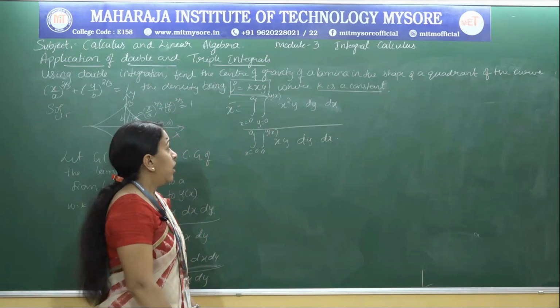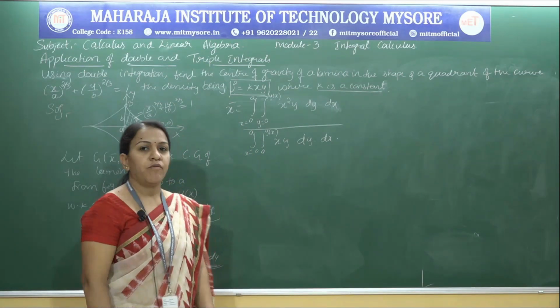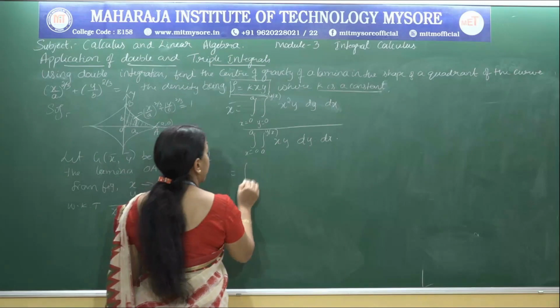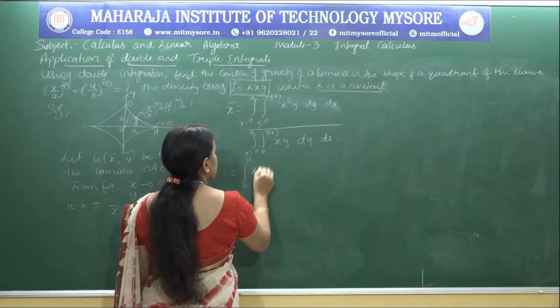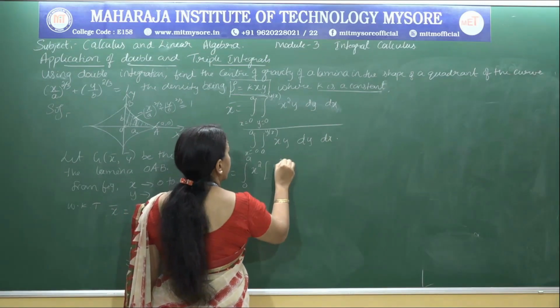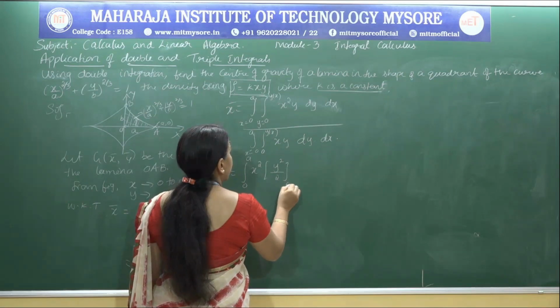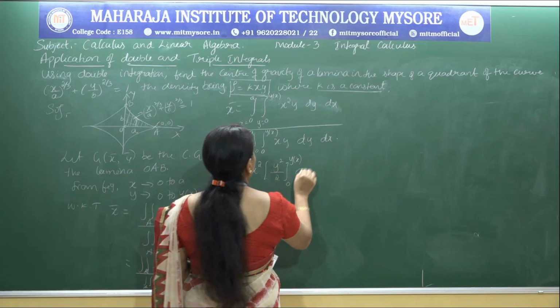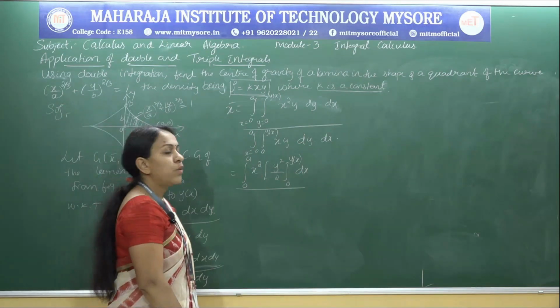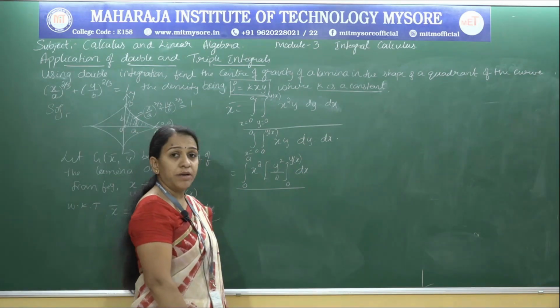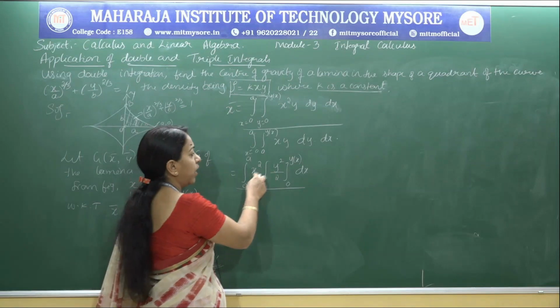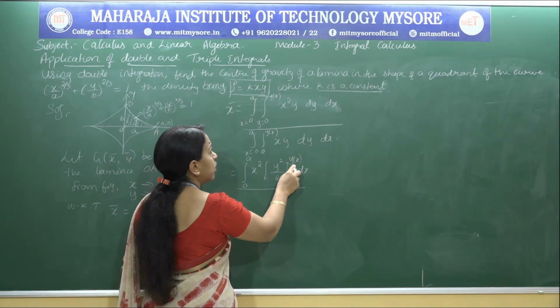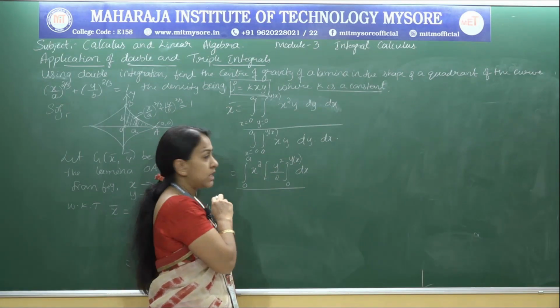Right. Now keeping x constant, integrate with respect to y, that is integral 0 to a, x square constant, integral of y is y square by 2 between the limits 0 to y of x, dx.